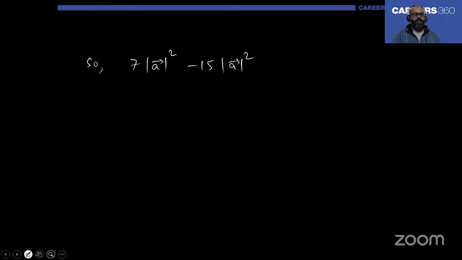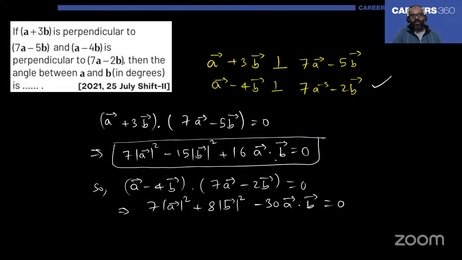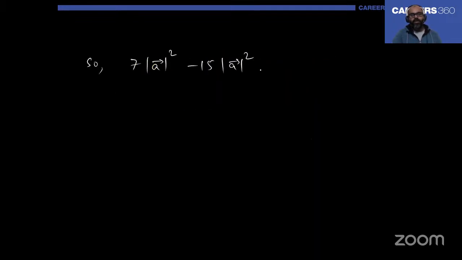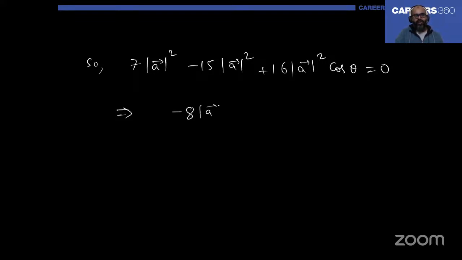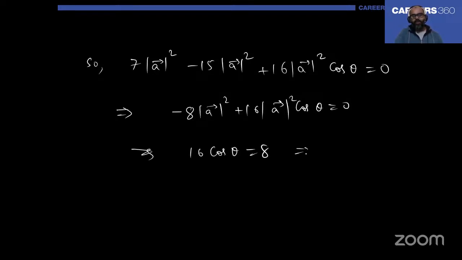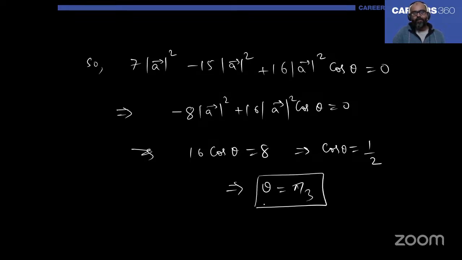We are replacing mod b with mod a, and 16 a dot b is actually mod a into mod b into cos theta, which becomes mod a square cos theta, where theta is the angle between the two vectors a and b. So it will become 7 minus 15 minus 8 mod a square, and this is 16 mod a square cos theta equal to 0. So 16 cos theta is equal to 8, which means cos theta is equal to 8 by 16, which is 1 by 2. So the angle comes out to be pi by 3, that is 60 degrees.